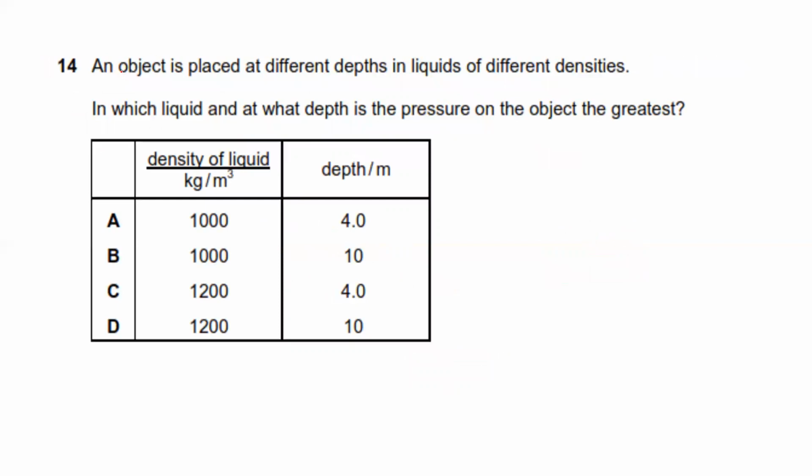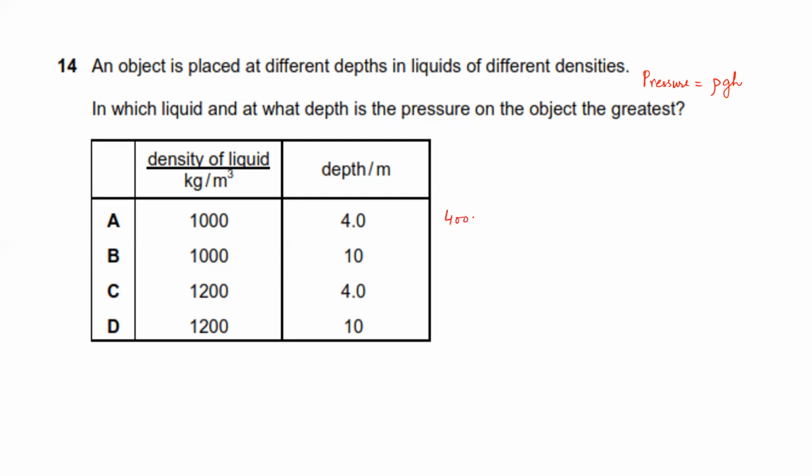Next question. Question number 40. An object is placed at different depths in liquids of different densities. In which liquid and at what depth is the pressure on the liquid the greatest? Remember, pressure equals rho g h, density times gravity multiplied by height. If gravity is constant, multiply both of them together.